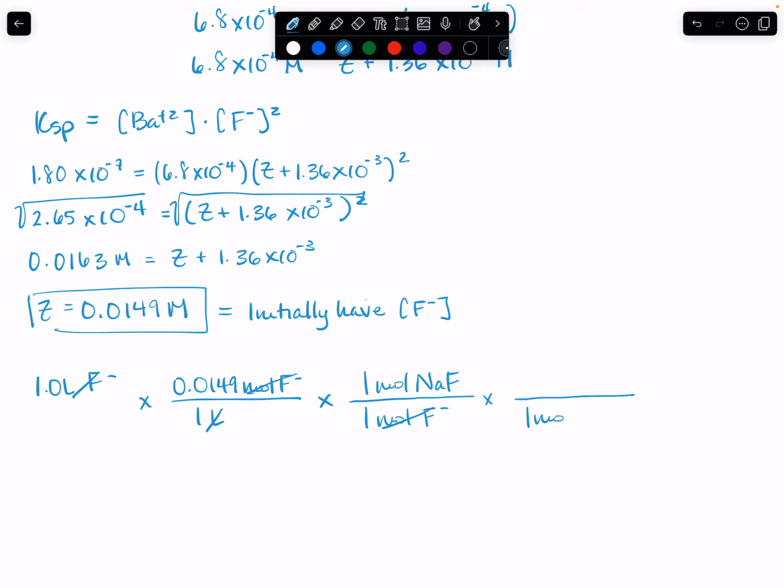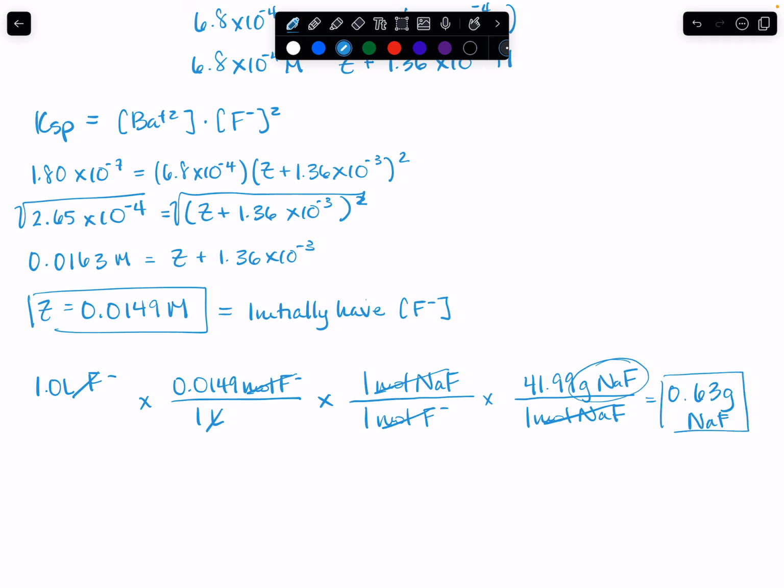And then for my last step, 1 mole of NaF, I need to go to grams, so that needs molar mass. So I look it up on the periodic table, add them up, 41.99 grams. It's going to cancel the moles, so I'm left with grams of NaF. And I find that I need 0.63 grams of NaF.